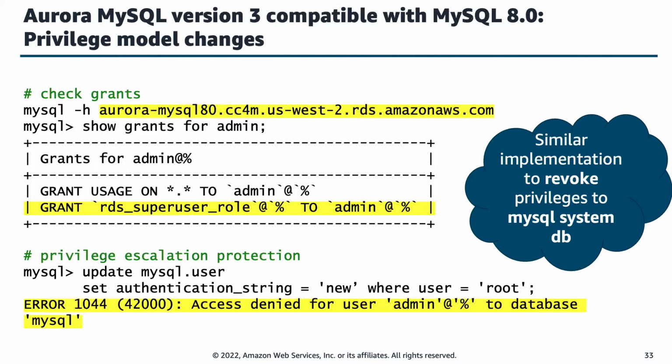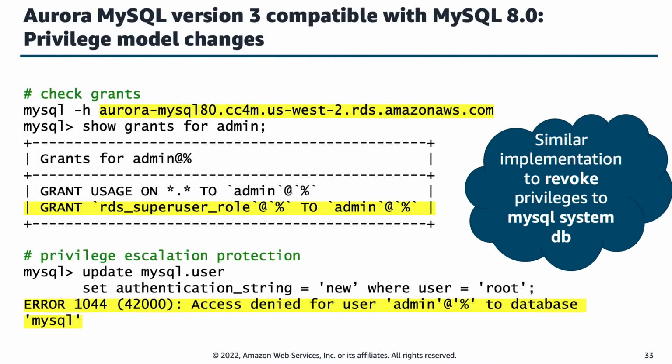And we actually create by default a RDS super user role and assign that role to the admin user. Admin user is the user that, again, you specify when you create an instance. And then you may want to try this. You can do update. You can try to do insert. This will not be allowed.